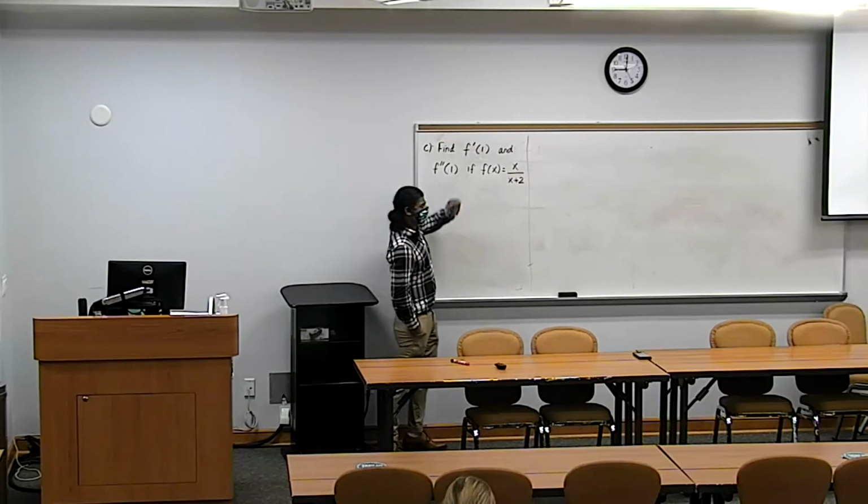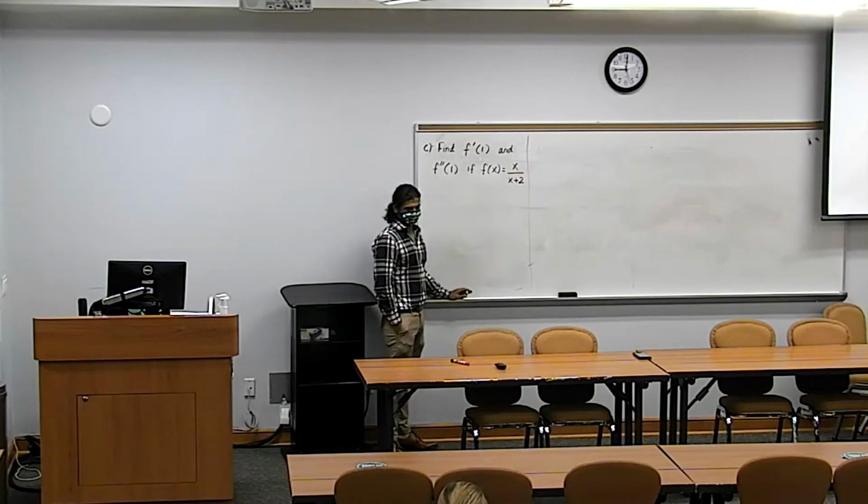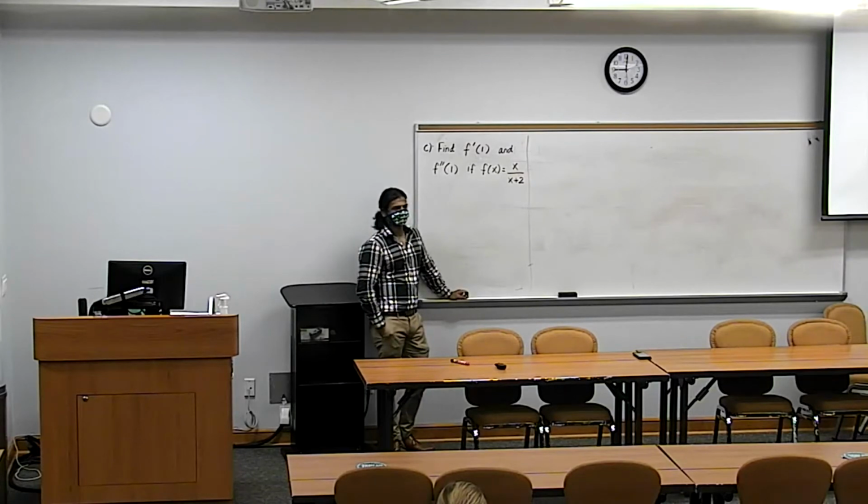Who found f prime of 1? Or do we need some more time? Go ahead. What's your name? Colton. I have no idea if it's right, but I got negative x over x plus 2. Okay. Anyone else?